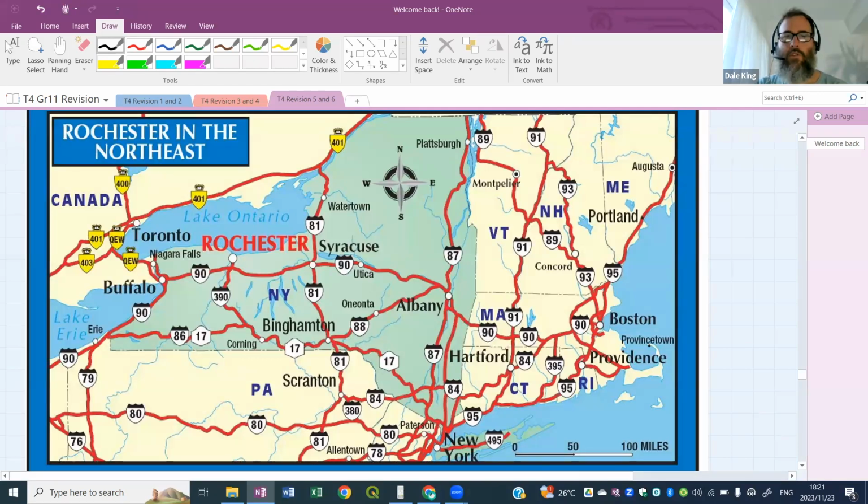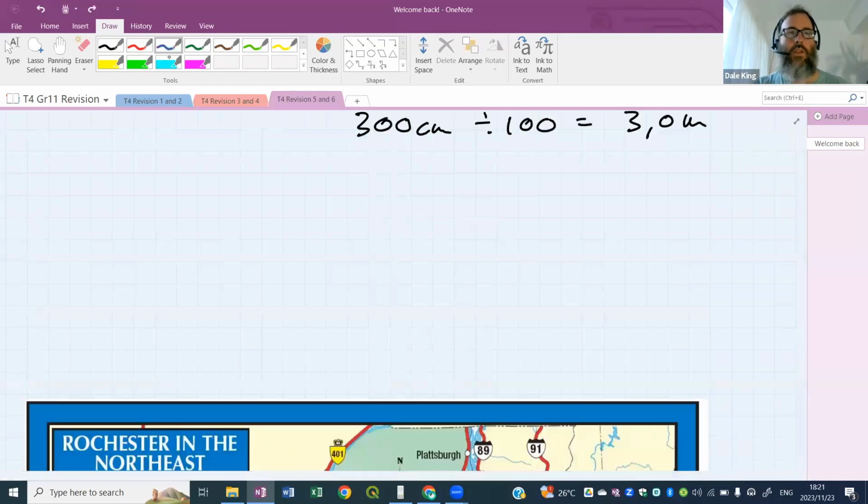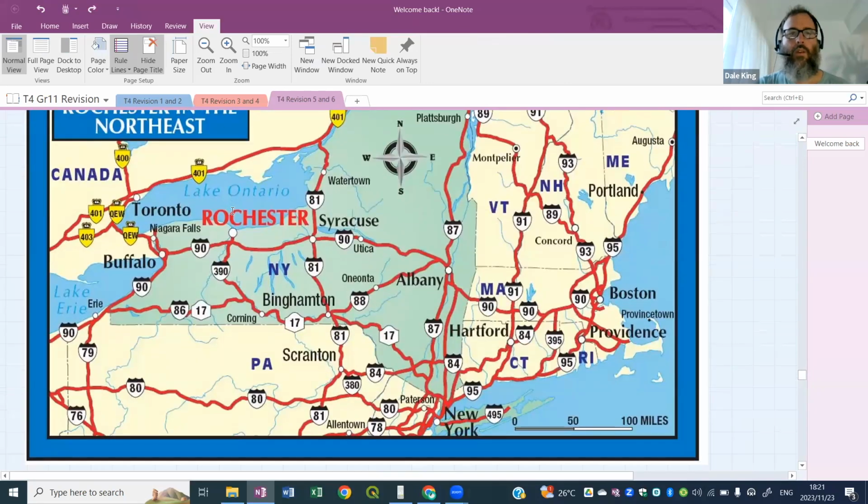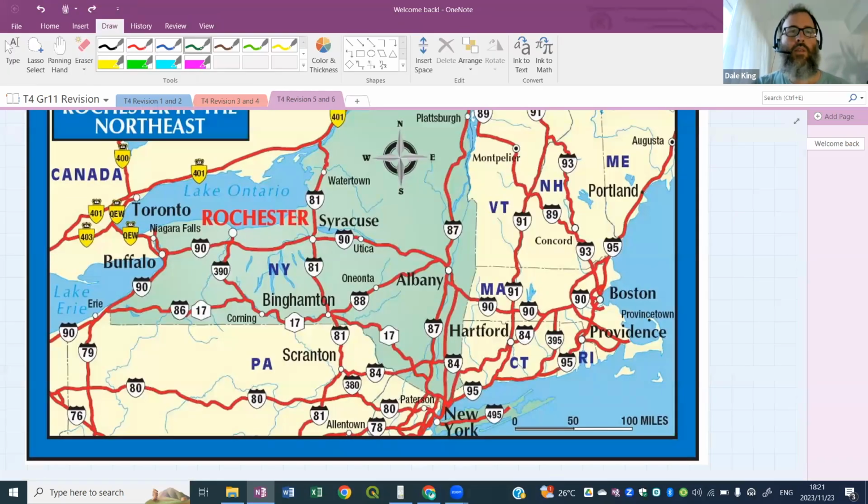This map is showing us national routes, and you can see here by these funny shields, these are the road names. So in America, it's Route 91 or Route 87.